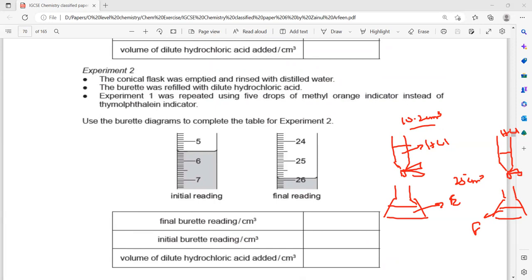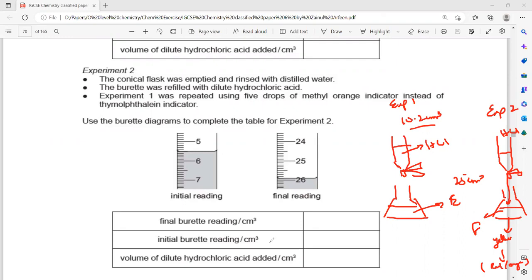If I ask what the color change will be in experiment 2, we use methyl orange. What will be the initial color? Because it is an alkaline solution, it will be yellow initially. And when you add an acid, what will it turn? It is acceptable to mention orange or red as the acid is added.